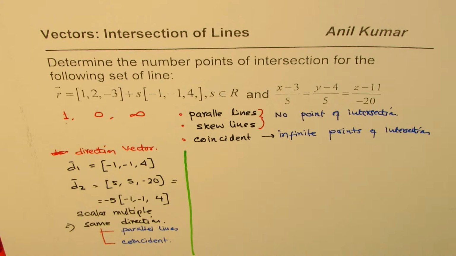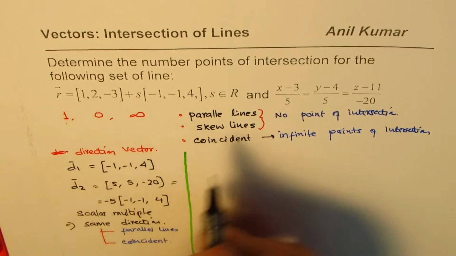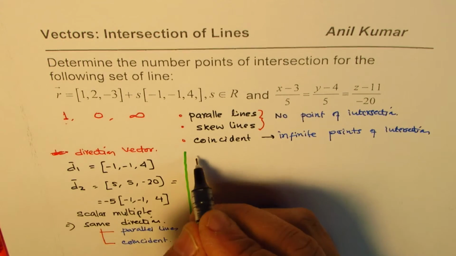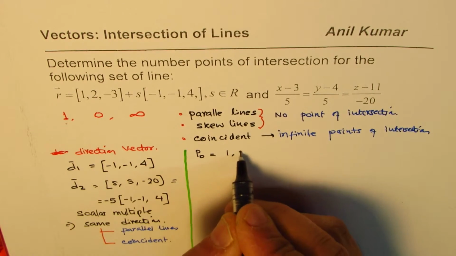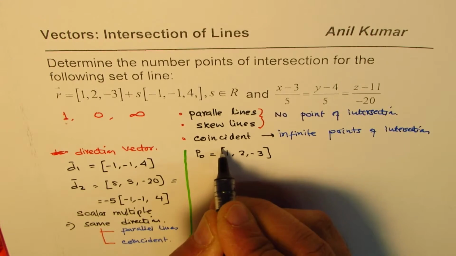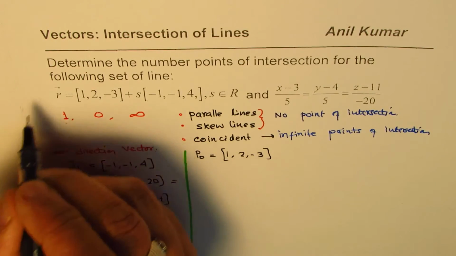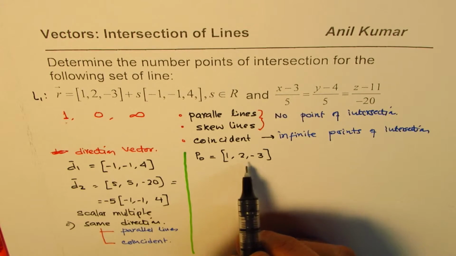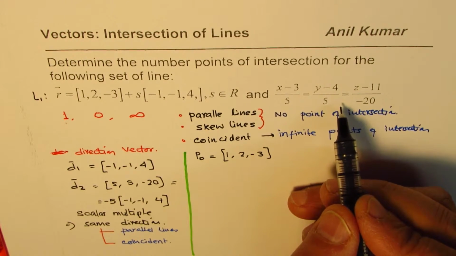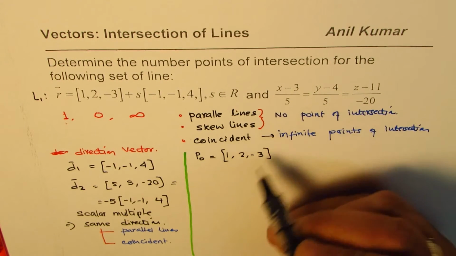Now how do we find whether these lines are parallel or they are coincident? We know a point on the first line, which we'll call line 1, with position vector 1, 2, -3, right? If this position vector is also on the second line, in that case, we can say that the lines are coincident.